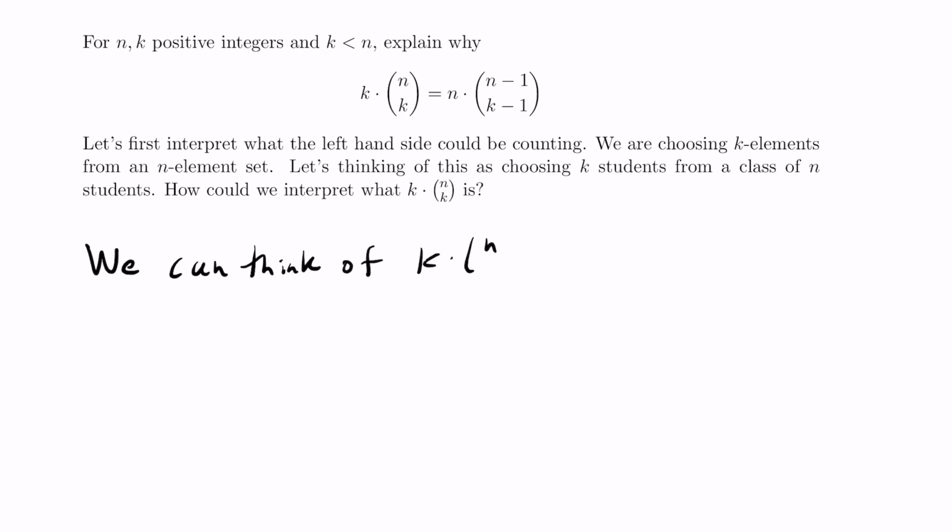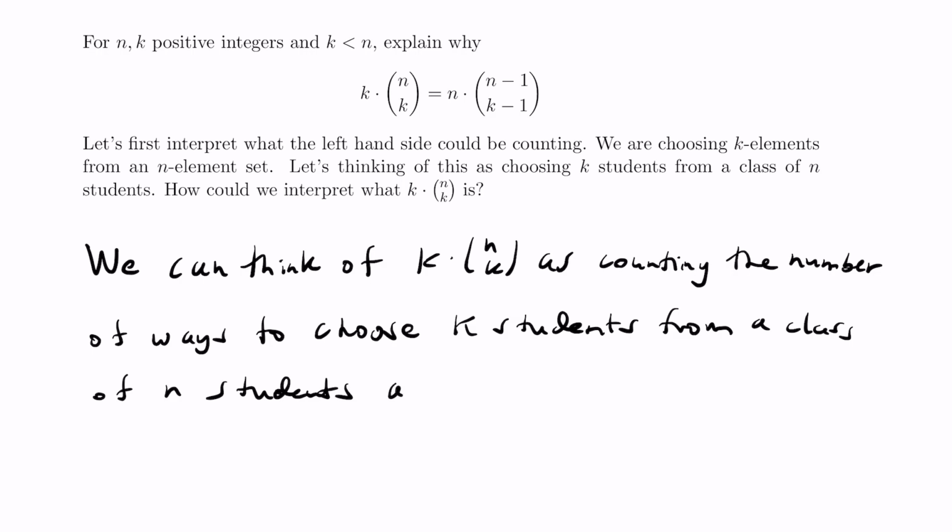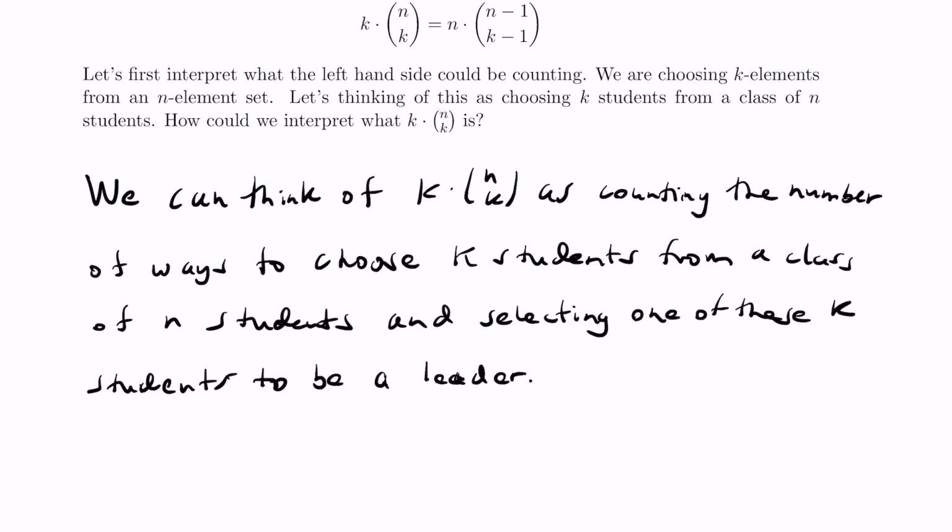Okay, so we can think of k times n choose k as counting the number of ways to choose k students from a class of n students and selecting one of these k students to be a leader. Okay, why?